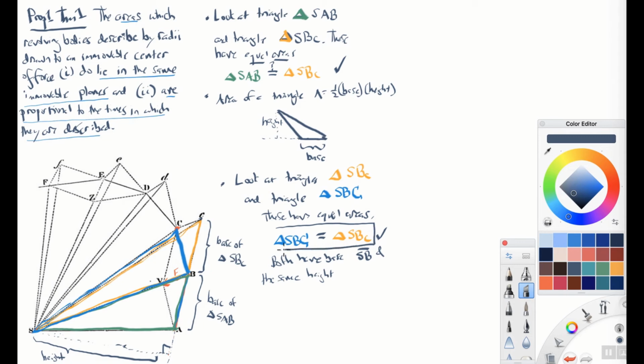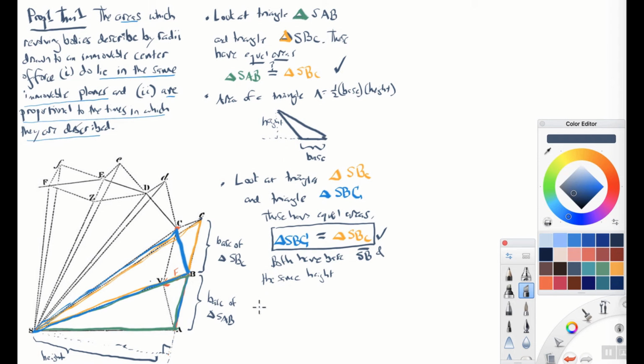So we've just demonstrated that if you have an object that's moving at an initially constant speed, and you apply a force directed toward a point S, it's deflected, and the area that is constructed inside of point SAB, that area right there, is equal to the area of the yellow triangle, and it's also equal to the area of the blue triangle.